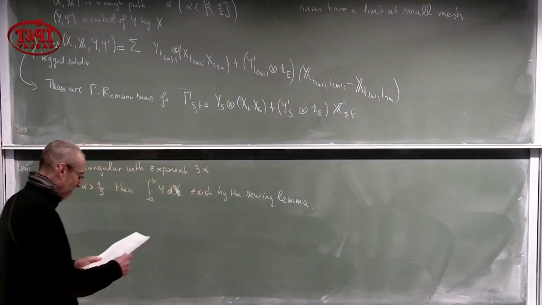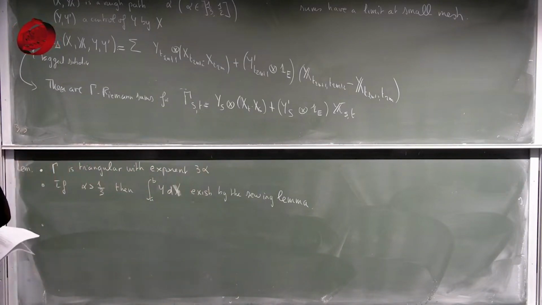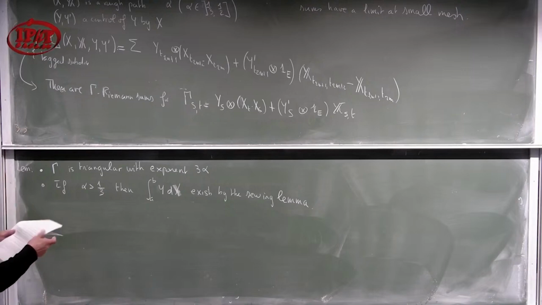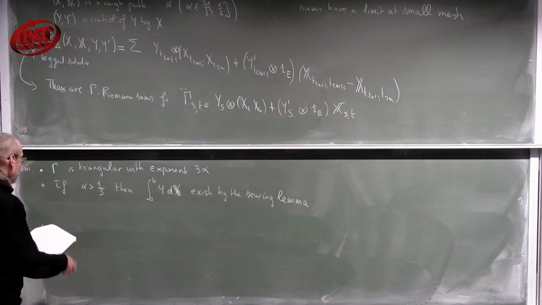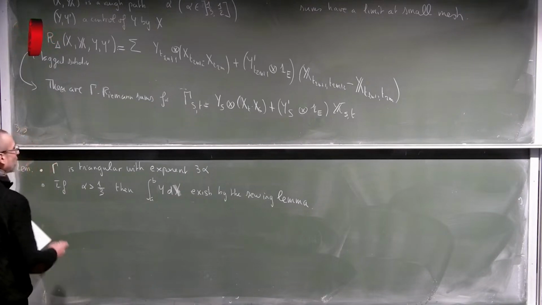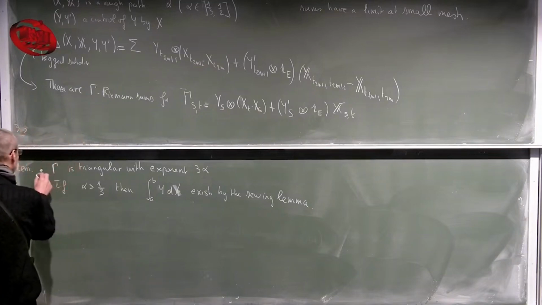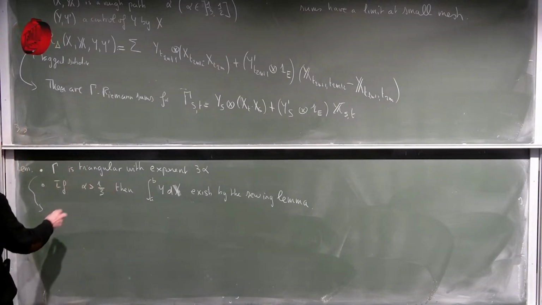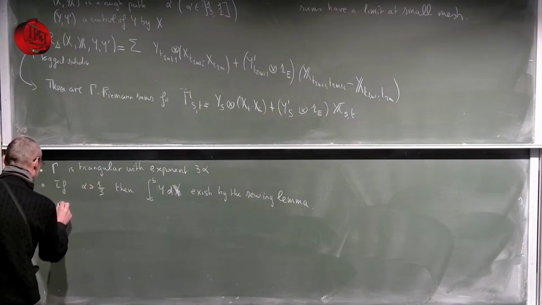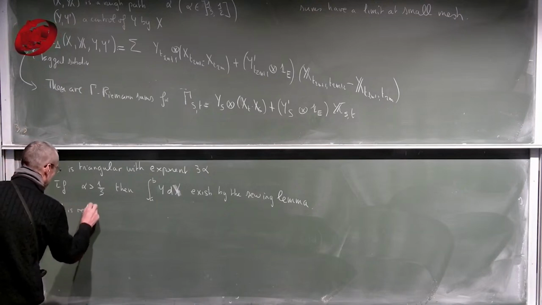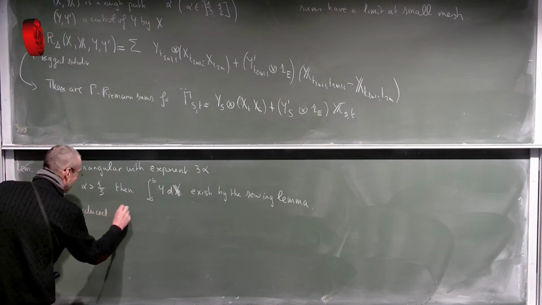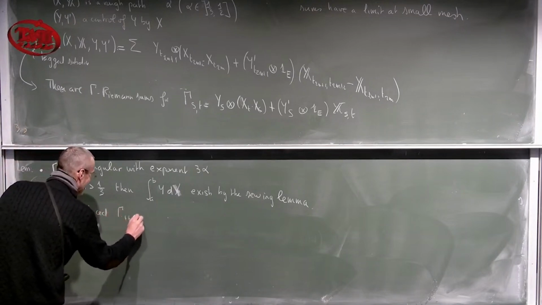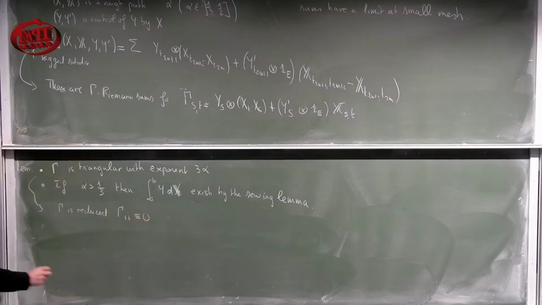So will I give the proof? Well, I will not do the details, but I let you check the following. First of all, gamma is reduced: gamma_tt is identically equal to 0.